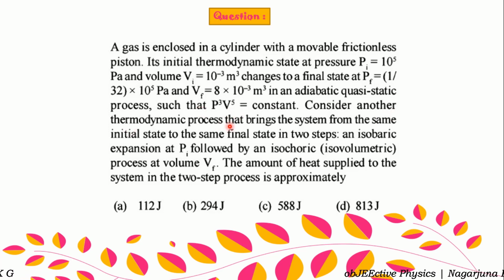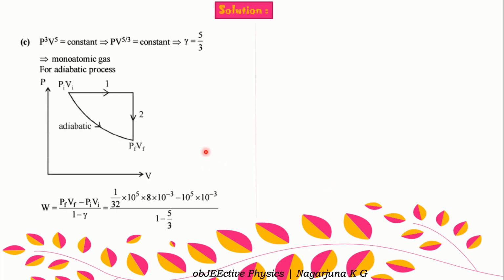Consider another thermodynamic process that brings the system from the same initial state to the same final state in 2 steps: an isobaric expansion at Pi followed by an isovolumetric process at volume Vf. The amount of heat supplied to the system in the 2-step process is approximately?